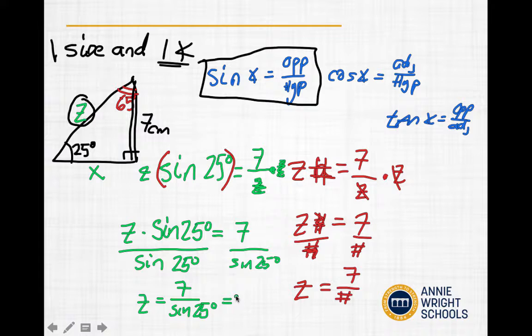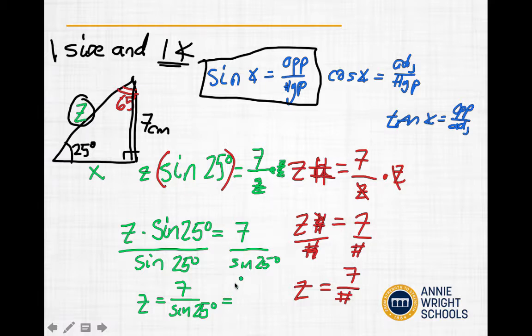Without a calculator, you couldn't do anything else. So I'm reaching for my calculator right now. I'm checking that I'm in degree mode. Once I make sure I'm in degree mode like we did yesterday, I'm going to take the 7 and divide by the sine of 25, and I get 16.5634 blah blah blah.